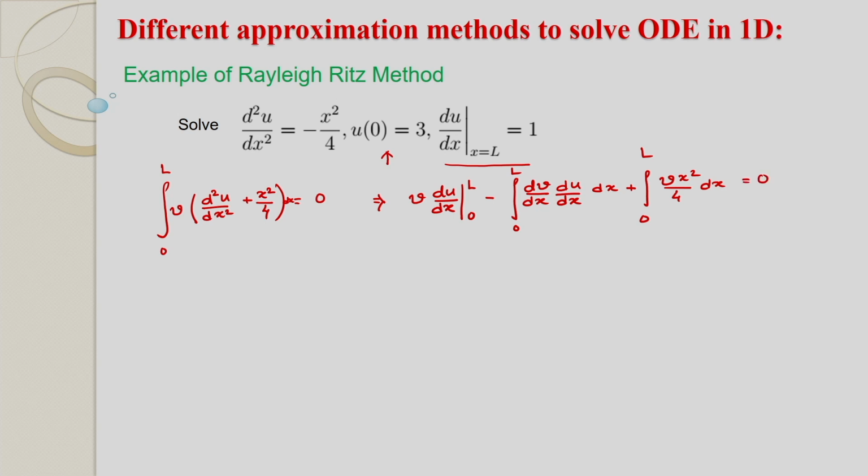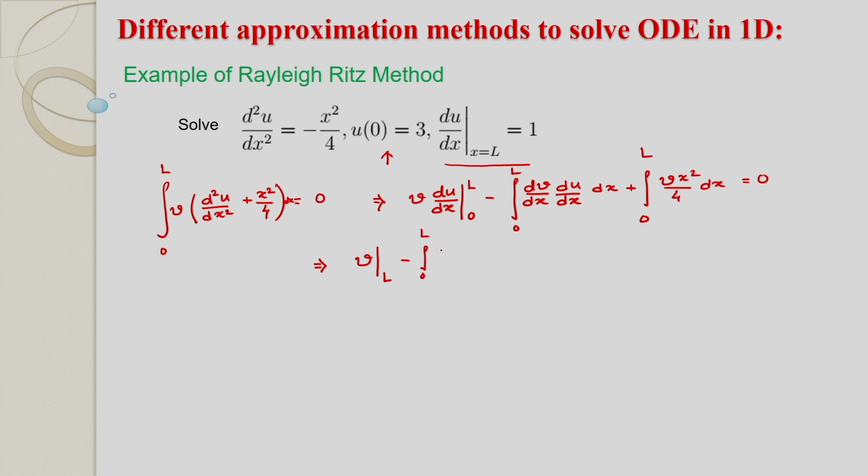Now, in the boundary term at x equal to 0 u is prescribed. So, at x equal to 0 your v is 0, at x equal to L du dx is 1. So, this is the boundary term because du dx is 1 at x equal to L. The other boundary term is 0.